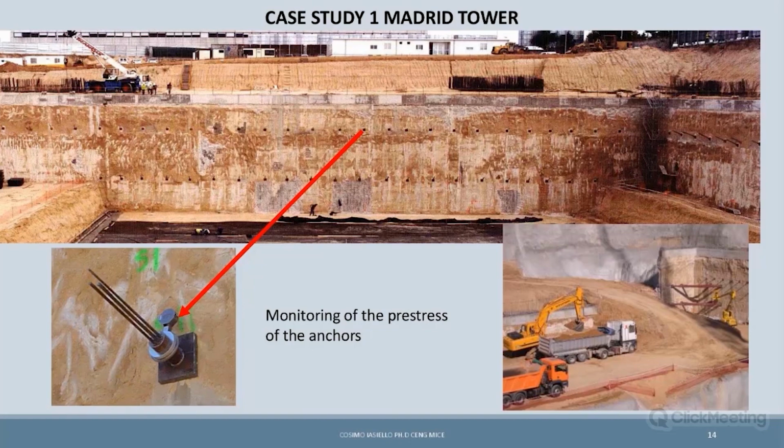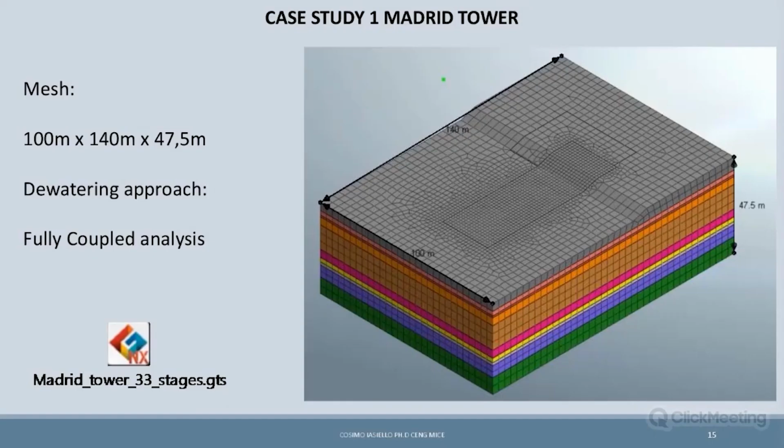So regarding the analysis in MIDAS, this is the analysis in MIDAS. These are the excavation stages I was telling you before. These are the dimensions of the model. The water approach, and this is a fully coupled analysis. What does it mean?